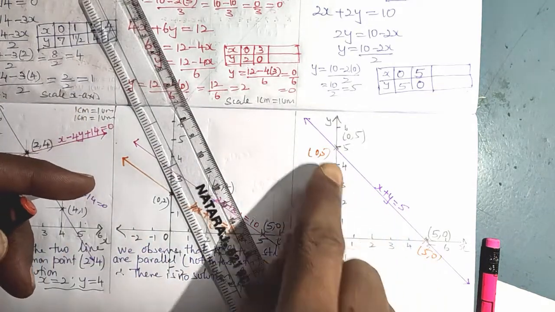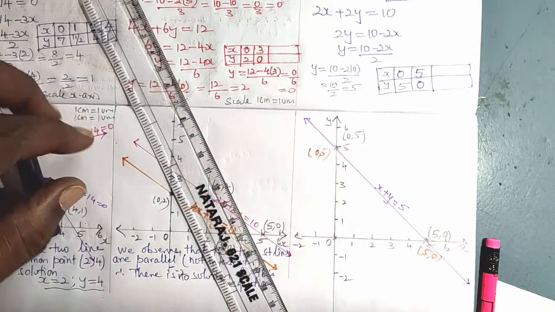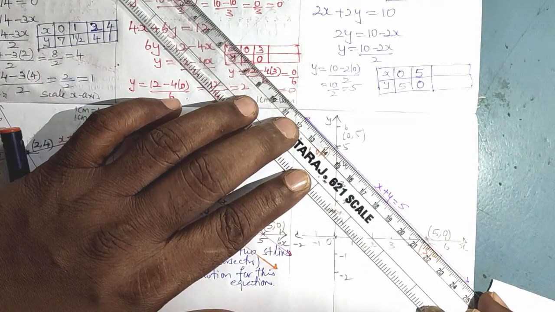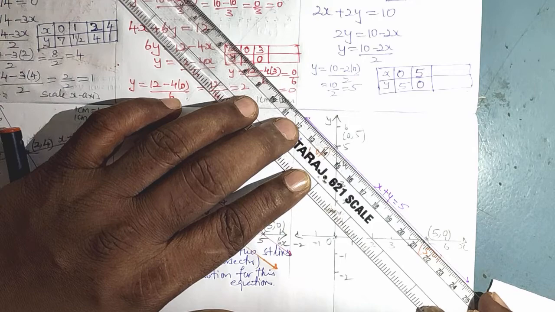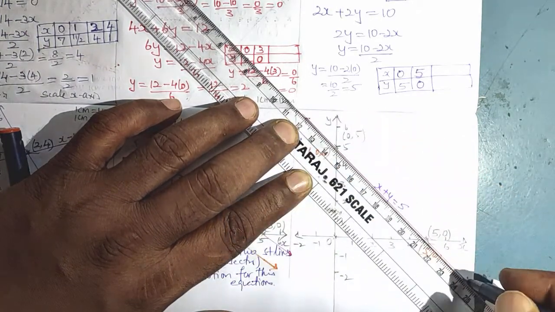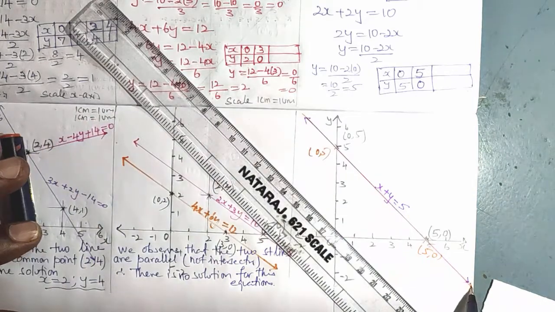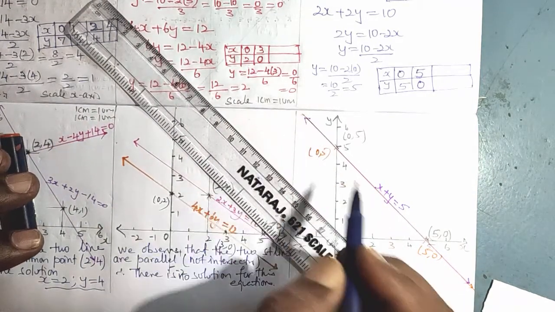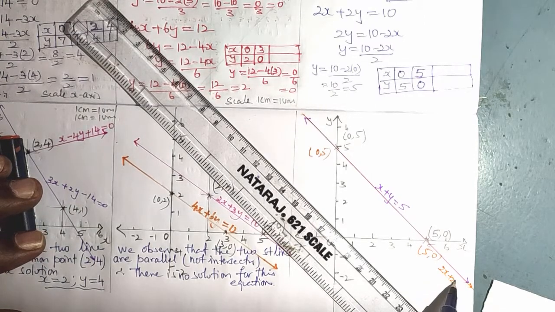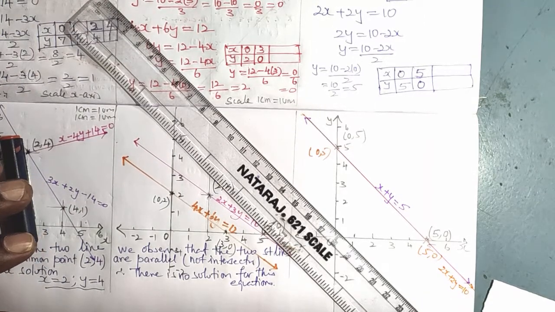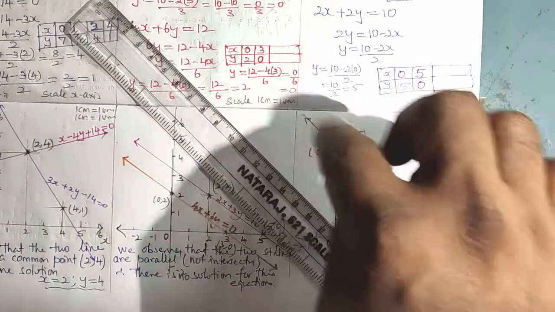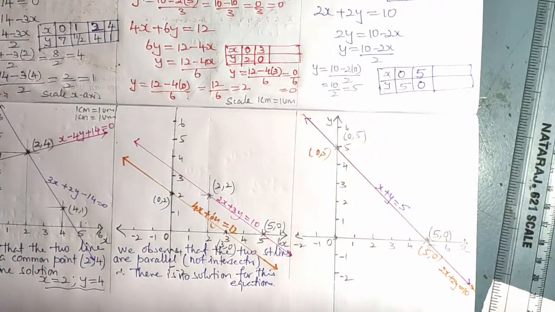If I join these 2 points also, I will get a line. For your understanding only I am drawing this orange line. It represents which equation? It represents the equation 2x plus 2y equals 10.